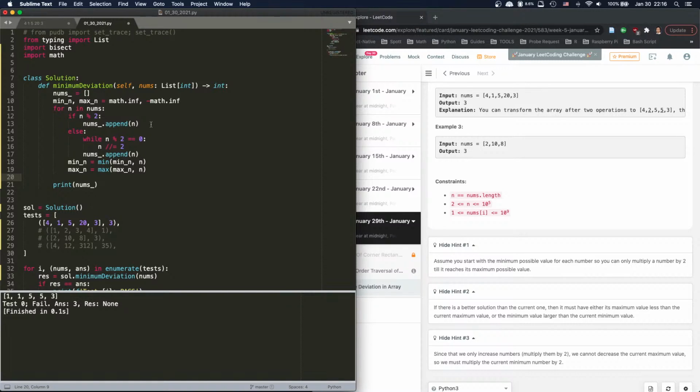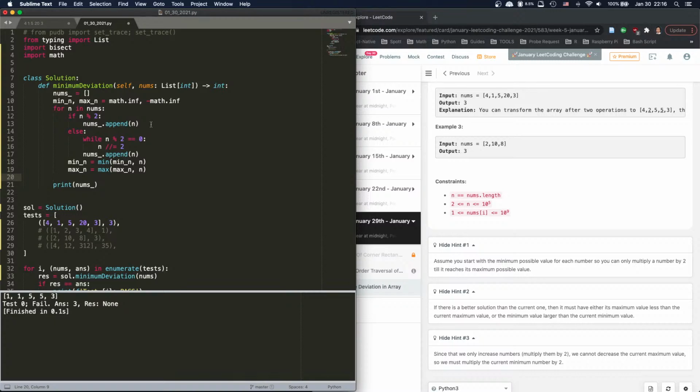Multiply the current mean value by 2, and then see if it's a better solution. And if it is, then we keep finding the current mean value and multiplying it by 2 until we cannot do this anymore. Right? So this is like the minimum.